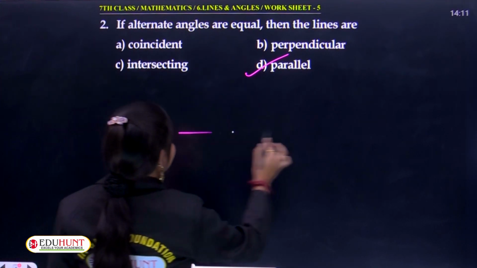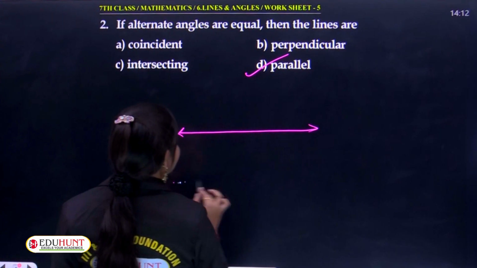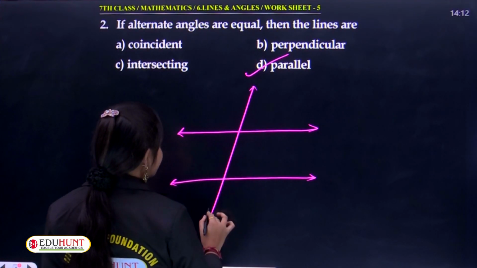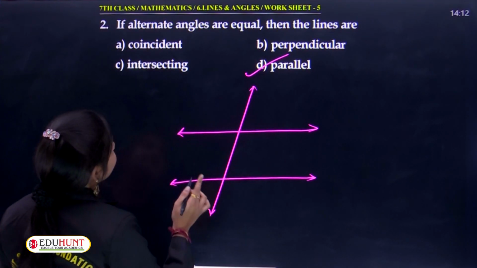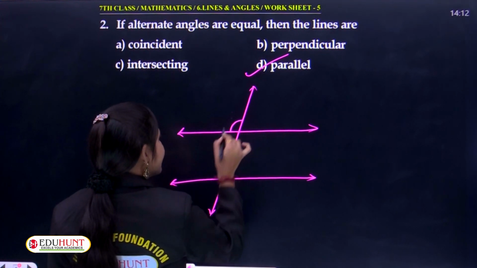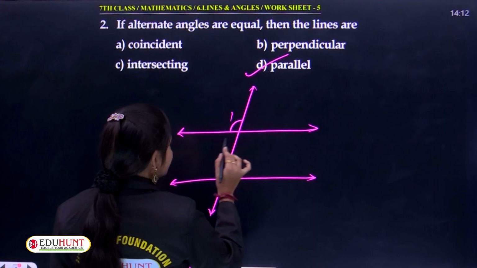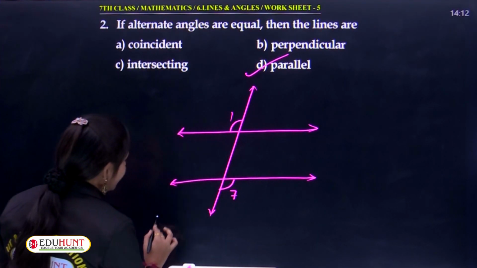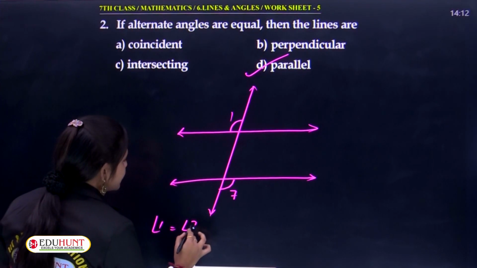See that if the given lines are parallel and this is a transversal, what are they asking here? Alternate angles. Alternate angles means, here this is angle 1, then 2, 3, 4, 5, 6, 7. Angle 1 is equal to angle 7.